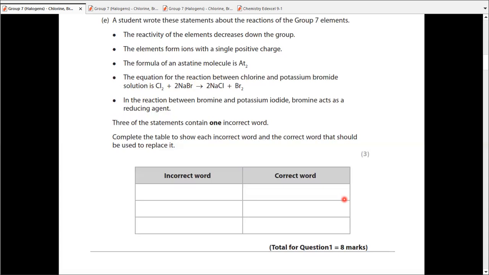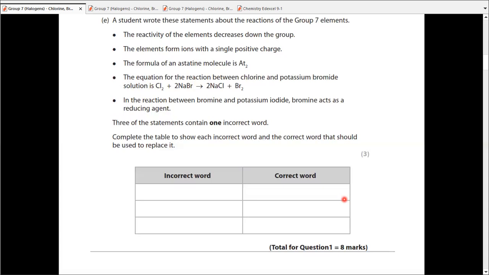But it's wrong because bromine is more reactive than iodine. So bromine should act as a which agent? Definitely not a reducing agent. If it's not a reducing agent, what kind of agent would bromine be? Gaining agent? Oxidizing agent.